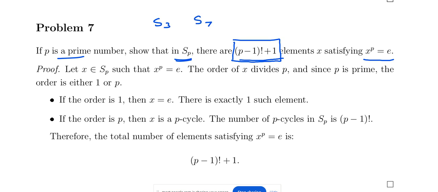That is, (p minus 1) factorial plus 1 elements x satisfy x power p equal to e.